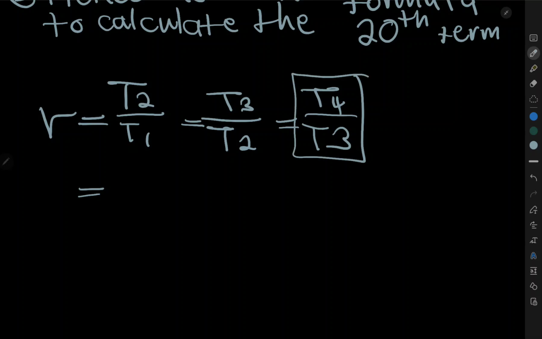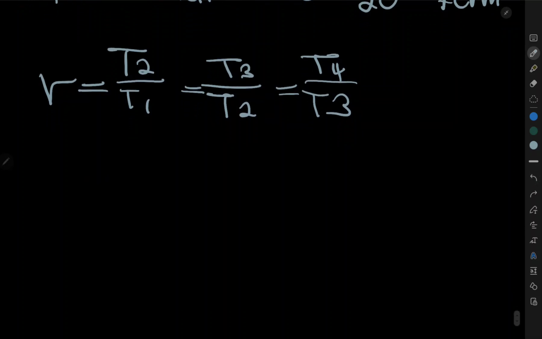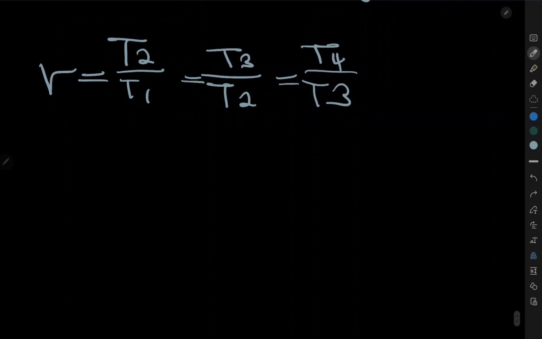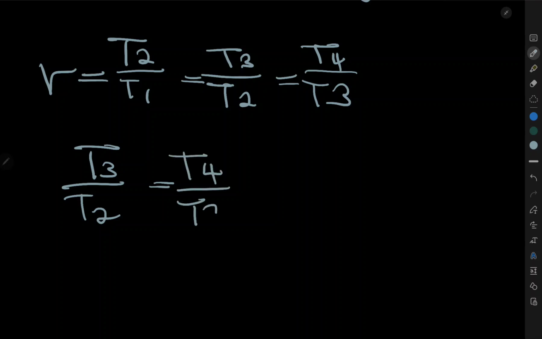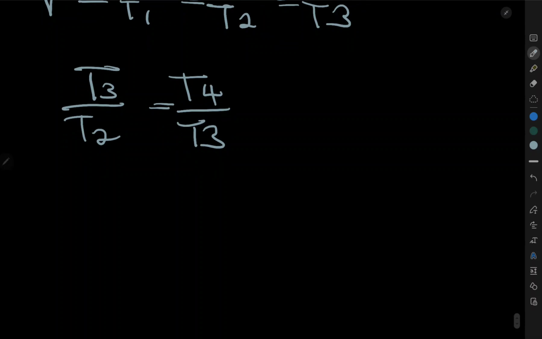right? So if we wanted to find the value of t4 without using the geometric formula, what we would do is we'd say t3 over t2 should be equal to t4 over t3. We know that that statement makes sense.